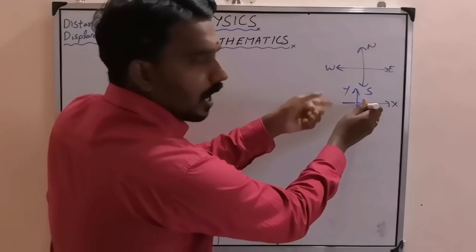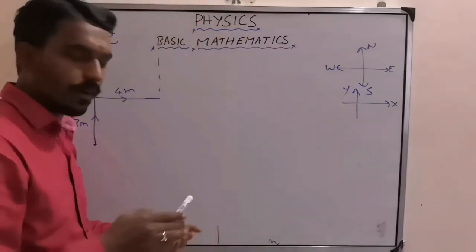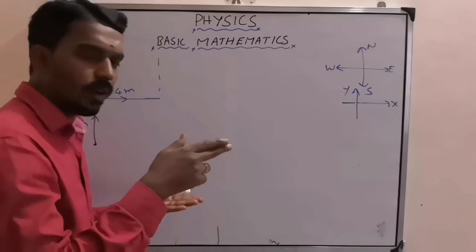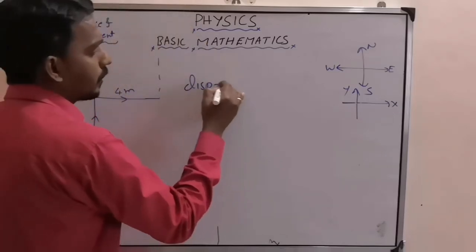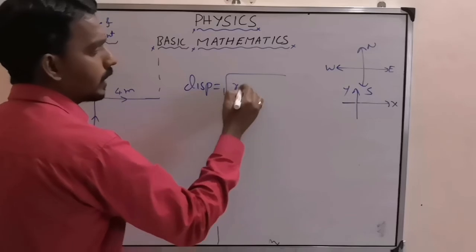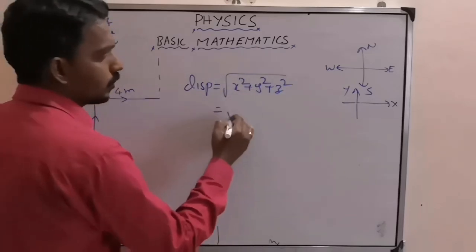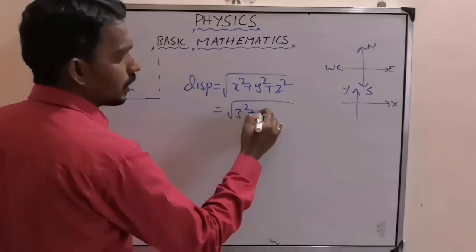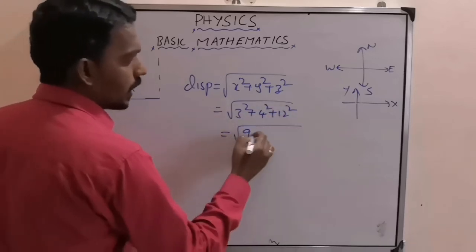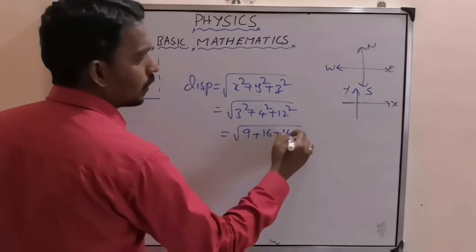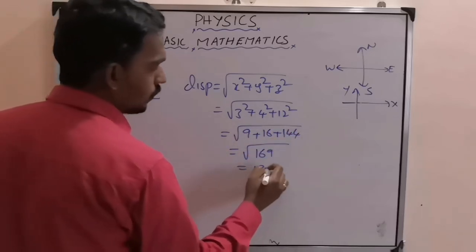Upward, downward, or outward, inward. So if the particle travelled first along x, then along y, then along z, then the displacement formula will become under root x square plus y square plus z square. So under root 3 square plus 4 square plus 12 square, under root 9 plus 16 plus 144 equal to under root 169 equal to 13.